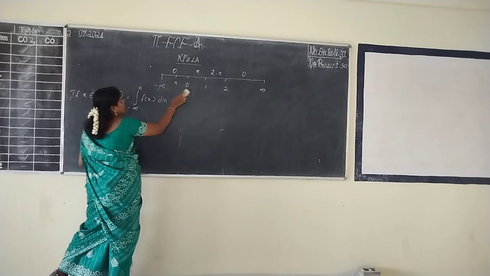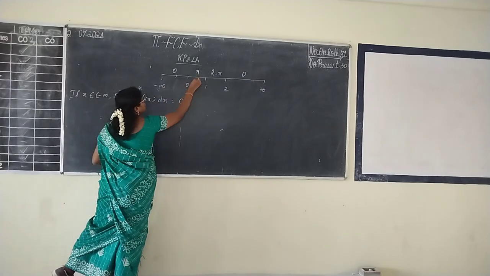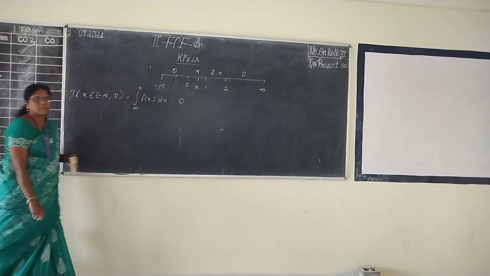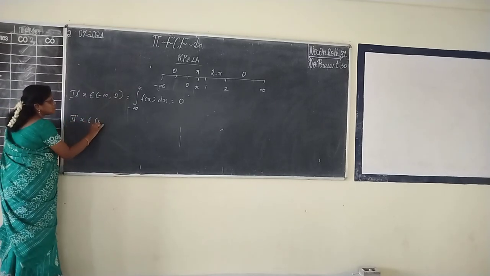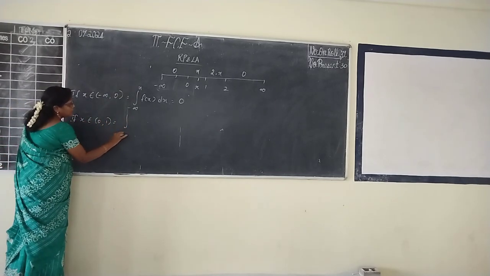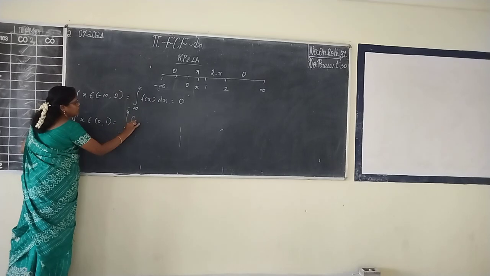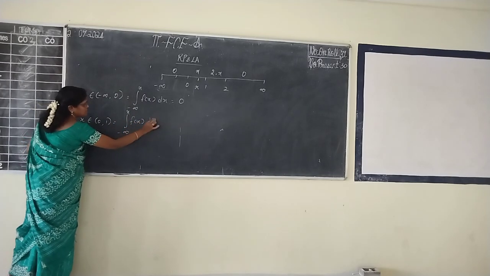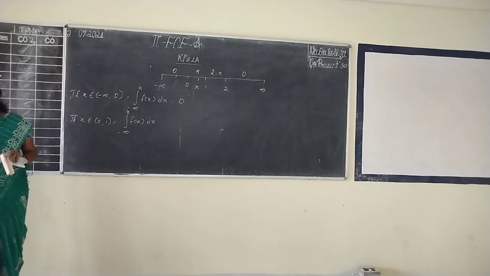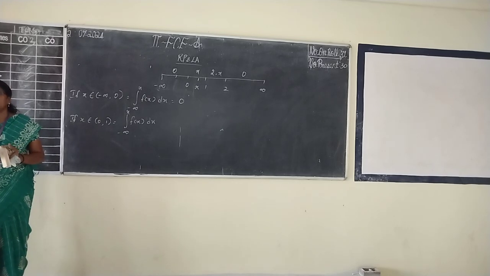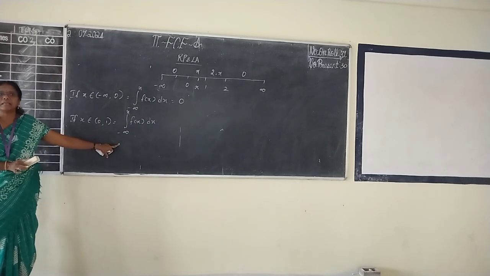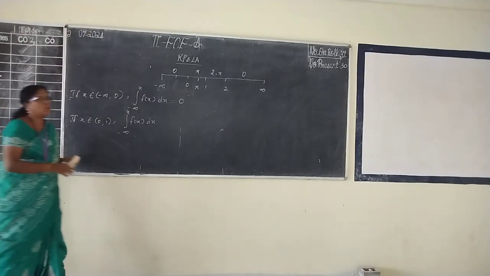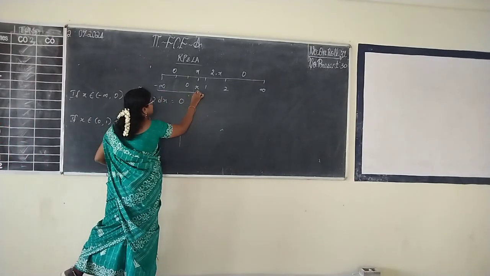Second case, we assume that x lies between 0 and 1. If x belongs to the interval 0 to 1, the integral from minus infinity to x of f of x. That's the definition. Whichever interval we take, you have to start the lower limit from minus infinity and integrate up to x.